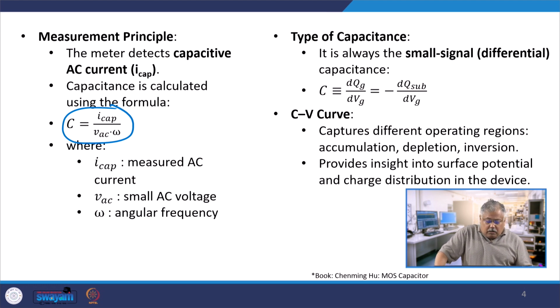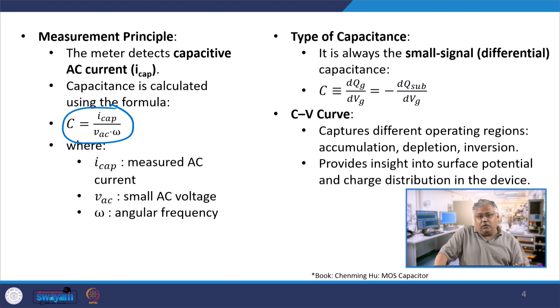So, from this measurement principle you are able to extract the value of capacitance, which is a function of I_cap, omega and VAC. VAC is the input voltage of the AC signal, the RMS value.